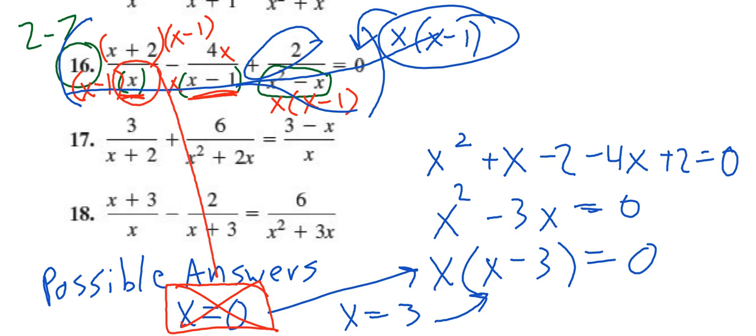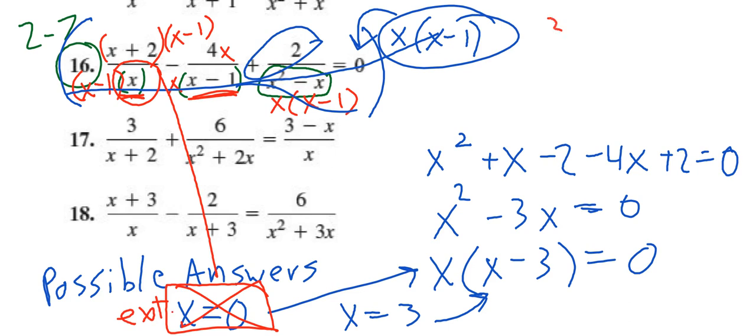You can see that it would cause you a problem in the very first fraction, because you can't divide by 0. So that one is definitely extraneous and can be thrown out.